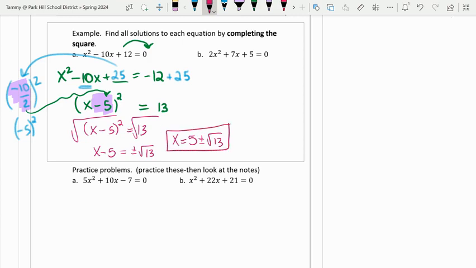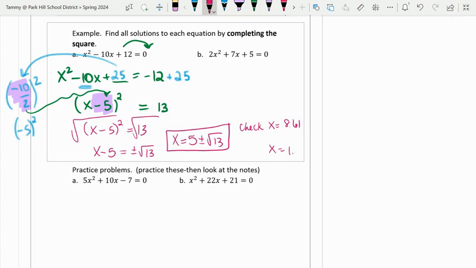Checking these would be a little more difficult. You can find the decimal of 5 plus or minus the square root of 13. So 5 plus the square root of 13 is 8.61. So I know x equals 8.61 if I do 5 plus the square root of 13. Or x can be 5 minus the square root of 13, which is 1.39.